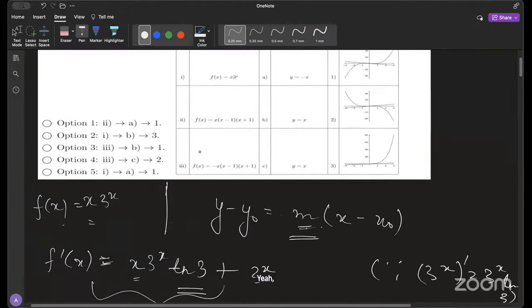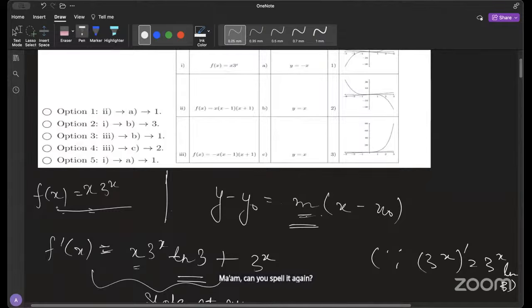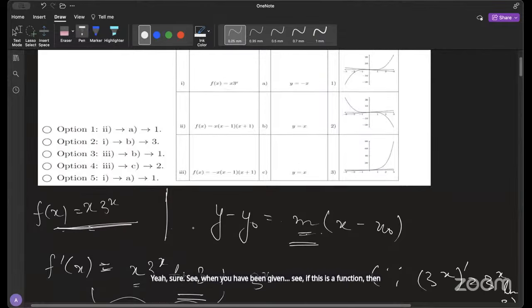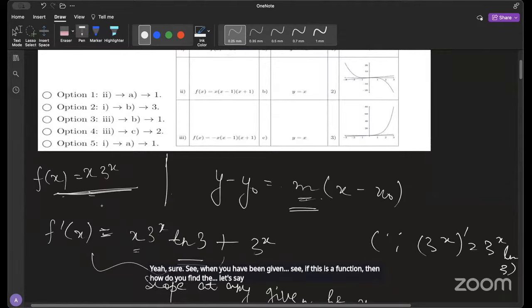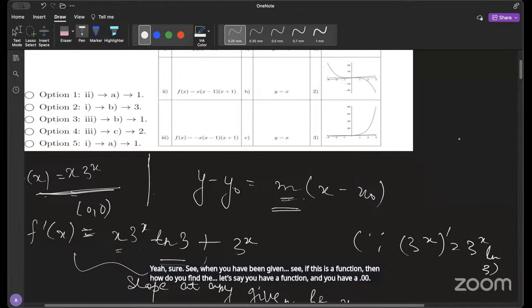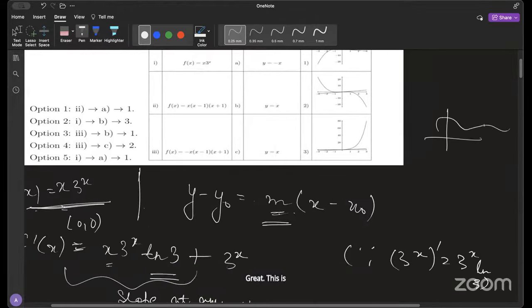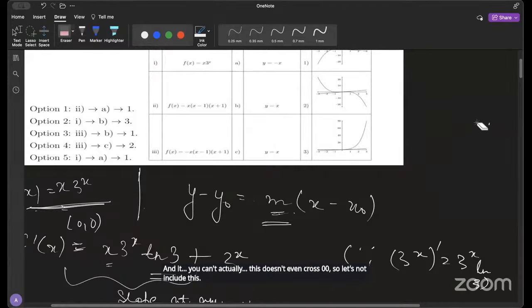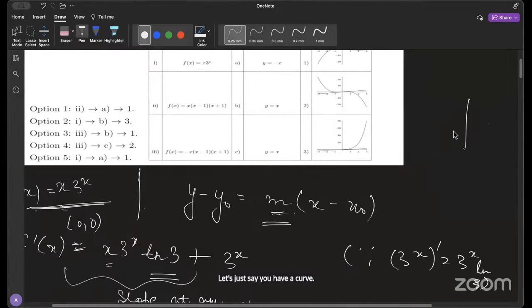Yeah, sure. See, let's say you have a function and you have a point 0, 0, right? This is your function. Let's say the 0, 0 point is here, by the way. You can't actually, this doesn't even cross 0, 0. So let's not include this. Let's just say you have a curve which passes through 0, 0. Or let's not even consider 0, 0.